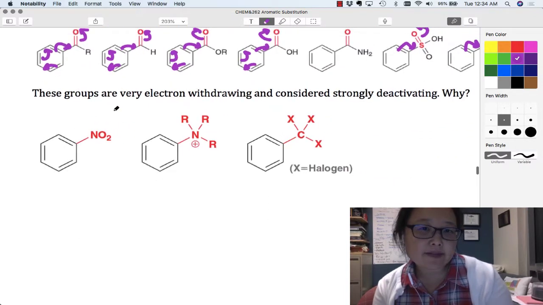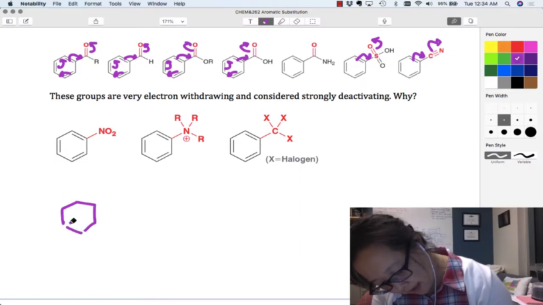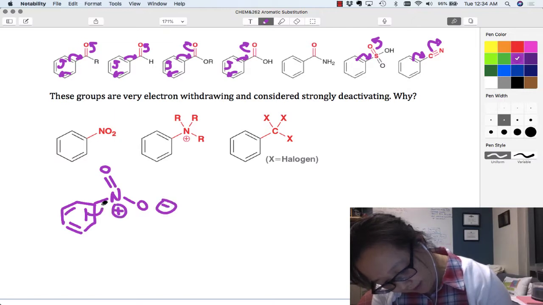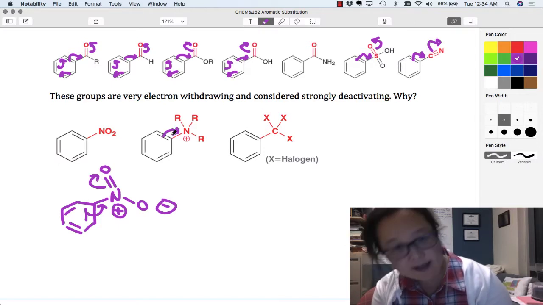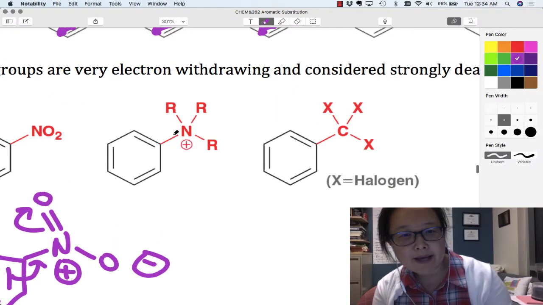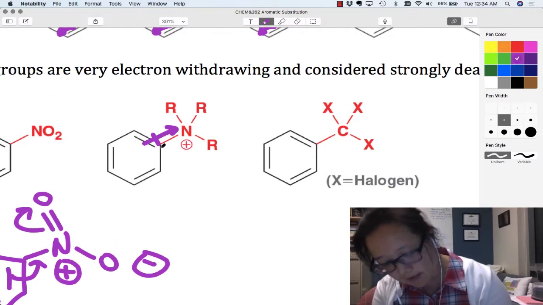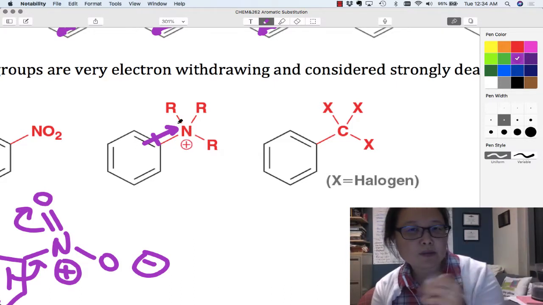Now the really deactivating ones are things like nitro groups. It turns out nitro really deactivates. If you take a look at it, you can see why. This can pull out of the ring. And then here, this can't really accommodate that because there are too many bonds to the nitrogen, but by induction, because it's positively charged, it's pulling density towards itself, away from the ring.